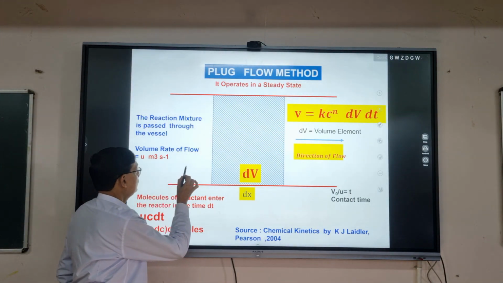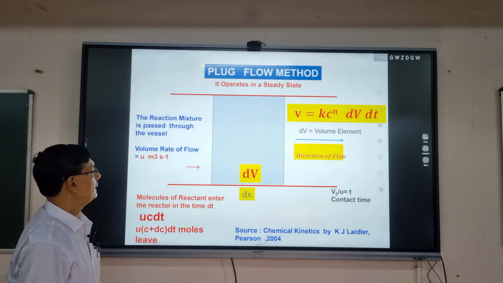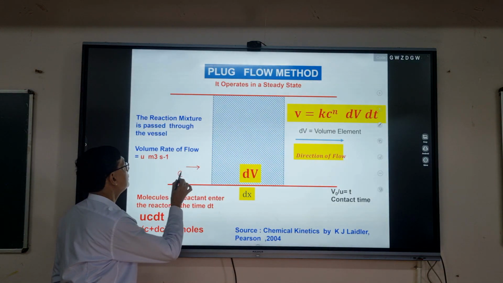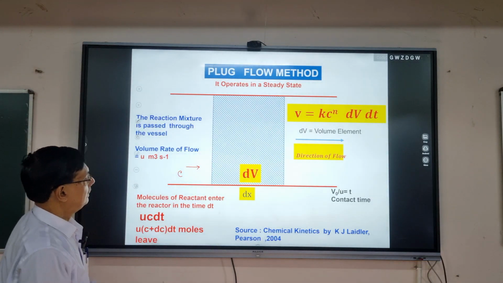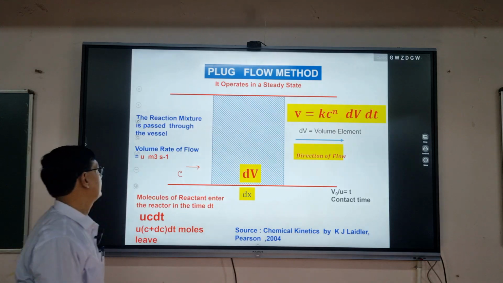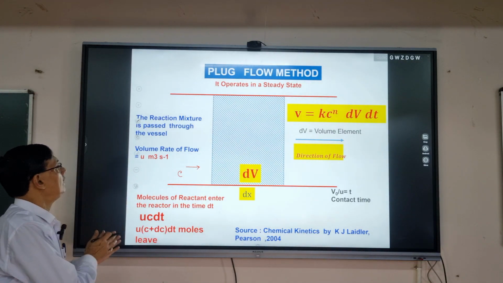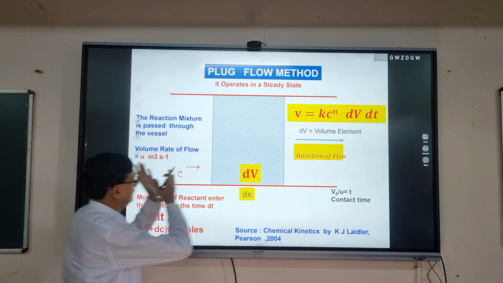Suppose you are taking some reactants whose concentration is C, and you are monitoring dV, the volume element, and this reaction mixture is passed through this vessel with the help of some device.